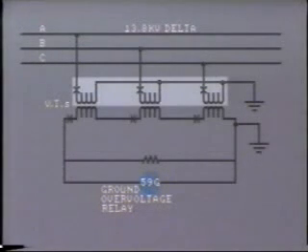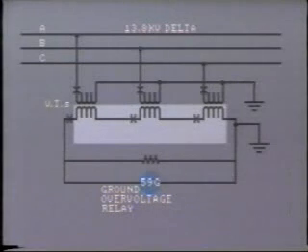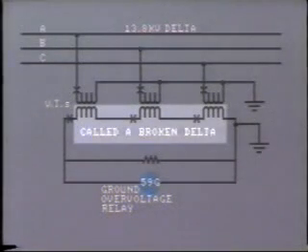The Y-connected primary provides a neutral for the delta system, and this is solidly grounded. The delta secondaries of the transformer are connected in series. This is called a broken delta. One side is grounded like this, and the other feeds a ground over voltage relay.